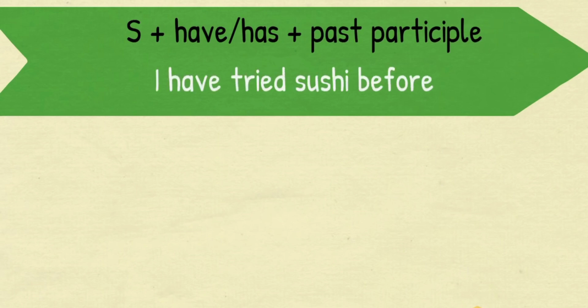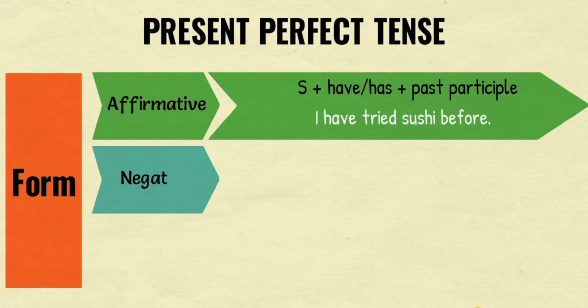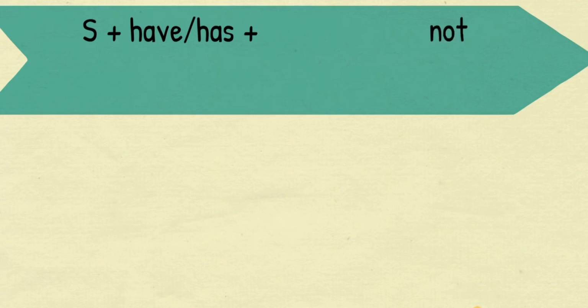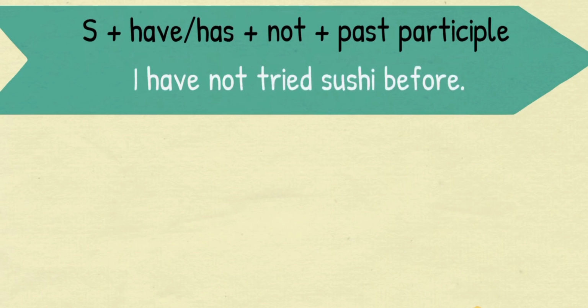I have tried sushi before. Negative. Subject plus have or has plus not plus past participle. I have not tried sushi before.